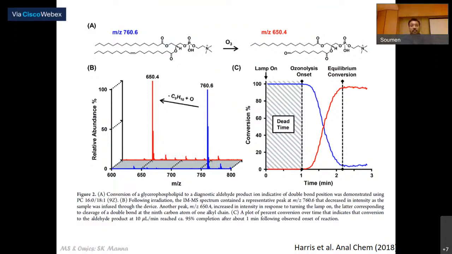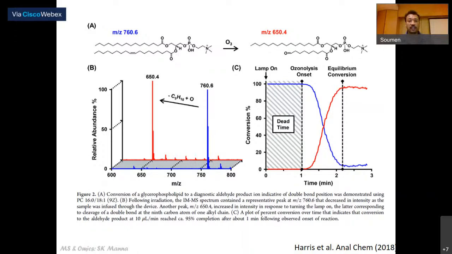Probably the most robust and widely used method for assigning the position of a double bond is ozonolysis. In this case, a group developed this ozonolysis protocol along with chromatography.